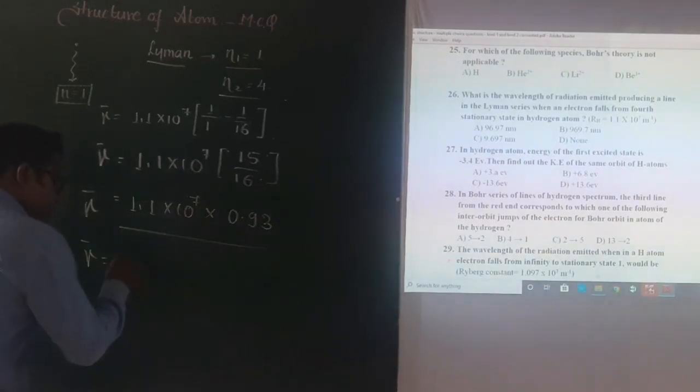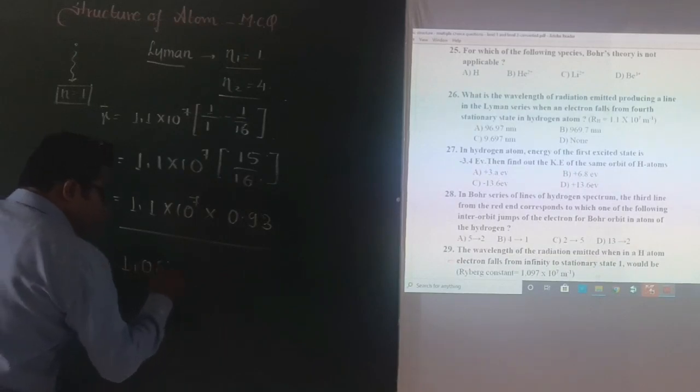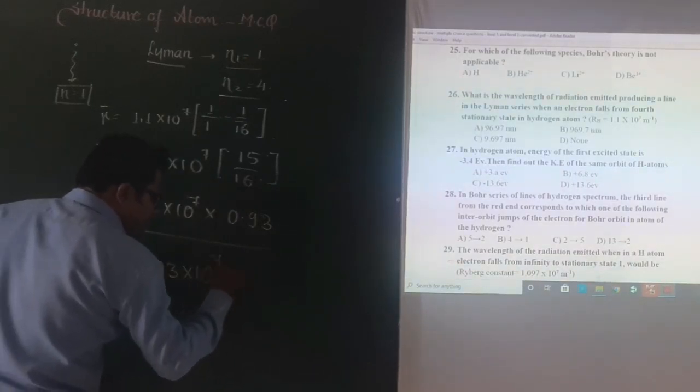So nu bar is equal to 1.023 into 10 raised to 7.